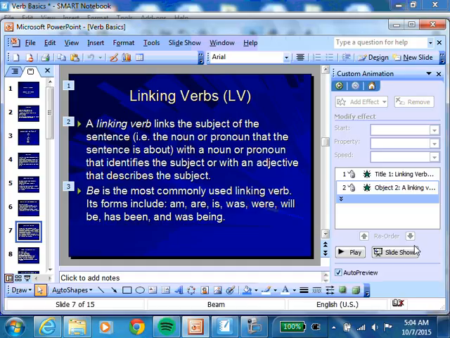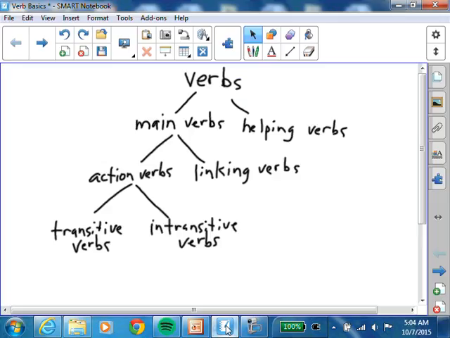Now, we're going to jump out of our PowerPoint slides here, and we're going to go over to a smartboard file. First of all, before we talk about linking verbs, I do want to show you this nice little hierarchy I've created, which might be useful if you want to copy it down, because one of the problems that students often have is that there are different levels of information that we're discussing when we're looking at verbs.